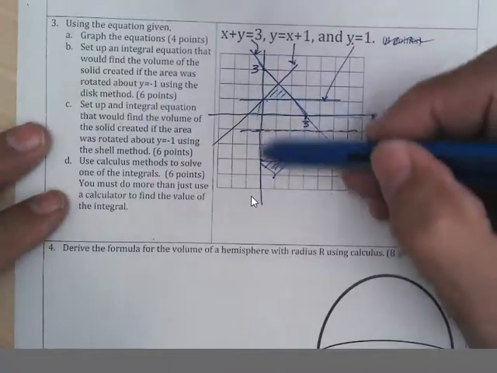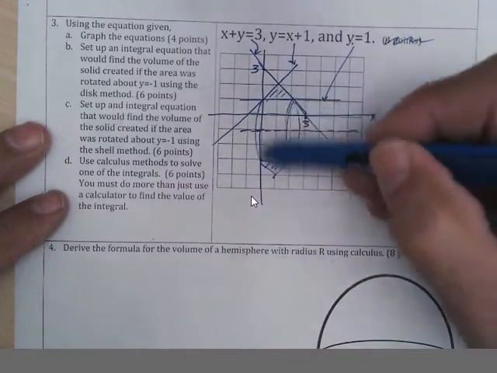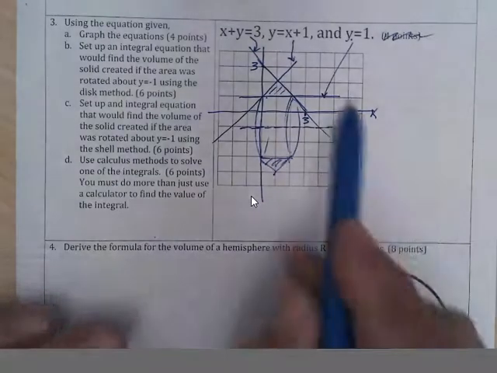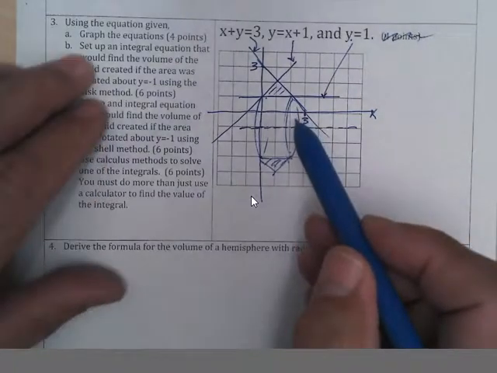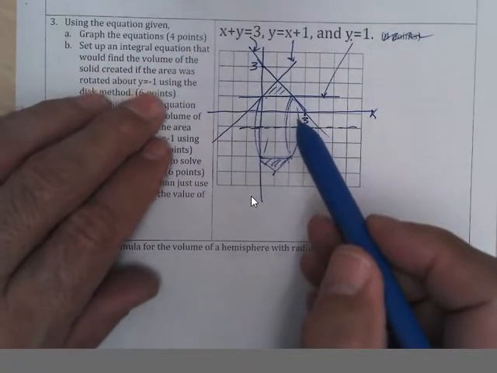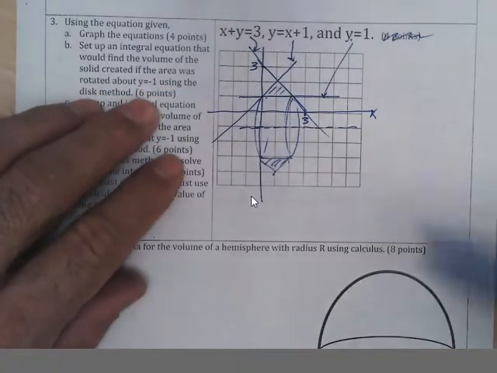So it would go round like this and come back up. So it says set up the integral equation that would find the volume of the solid of the area, rotated around y equals minus 1, using the disk method.